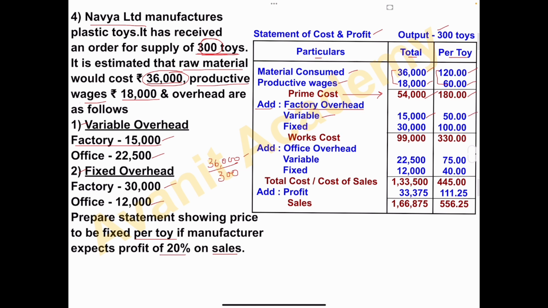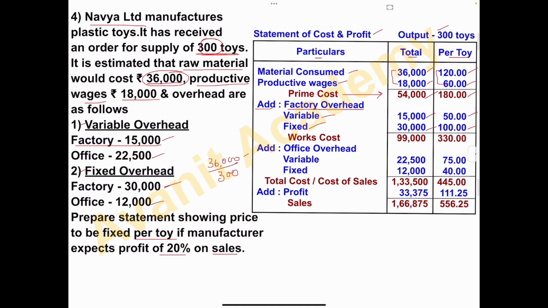Next is fixed. See the second one, fixed. In that, factory amount is 30,000. So write fixed, and the amount is 30,000. To get the per toy amount, 30,000 divided by 300, and you will get rupees 100.